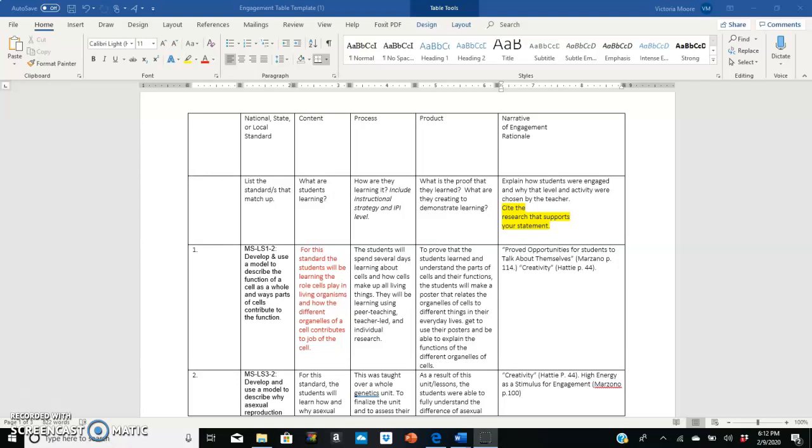And we did different things through readings, teacher-led, and student-led activities. The one activity that I want to point out that we used to prove the students' understanding was that the students had to create a poster.